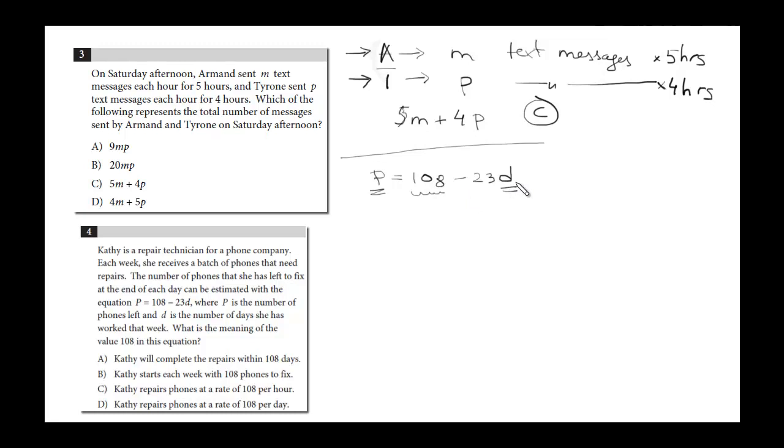D is 0 at the beginning of the week. So the answer is not right. B, Katie starts each week with 108 phones to fix. And that's it, right? Because P is 108 at the beginning of the week when D is 0. So the correct answer is B.